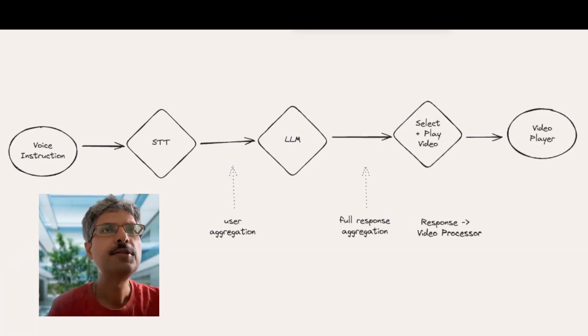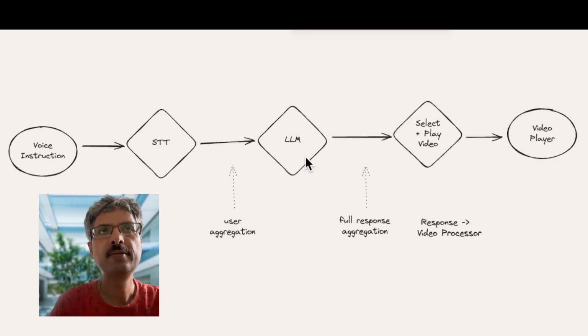So with the voice to playing a video pipeline, these are the essential steps that you're looking at. We start with a voice instruction, the audio packets, audio frames coming in. It goes through a speech to text module, for example, Whisper or an online API like Deepgram, and that streams out transcript tokens, which go into a large language model.